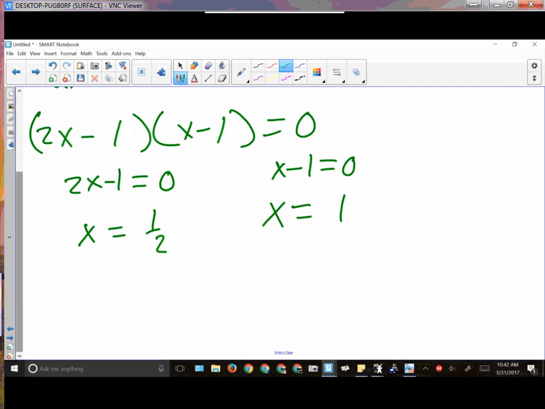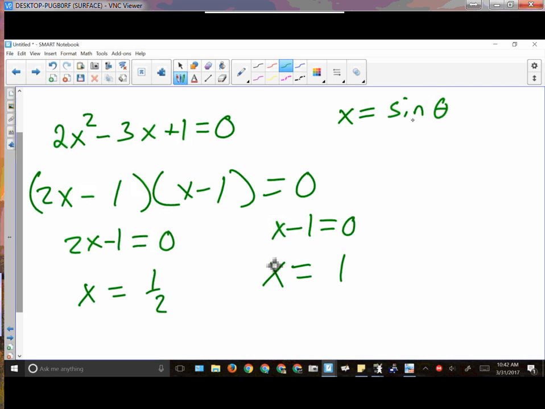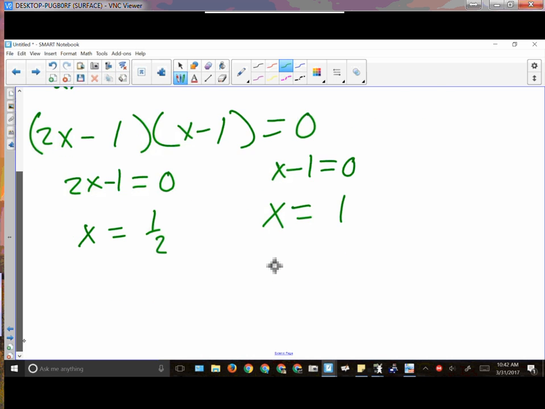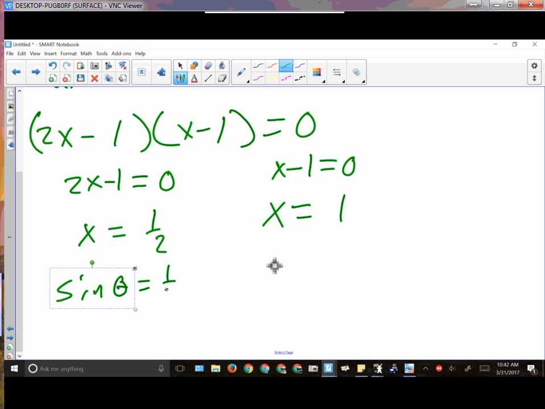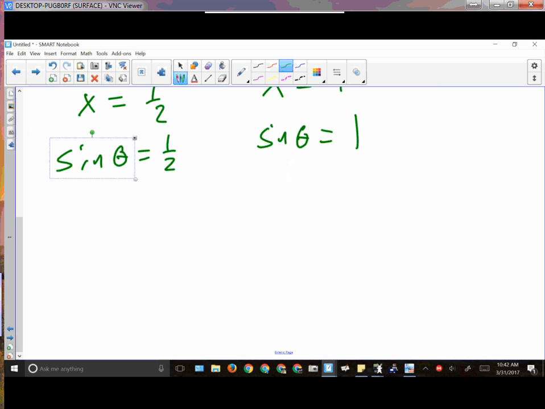But what is really x? Well, x is really sine theta, correct? So that means that here the sine of theta is equal to 1/2. The sine of theta is equal to 1. So now we can go back, use the unit circle, and identify where these possible values are. So where is sine equal to a half?